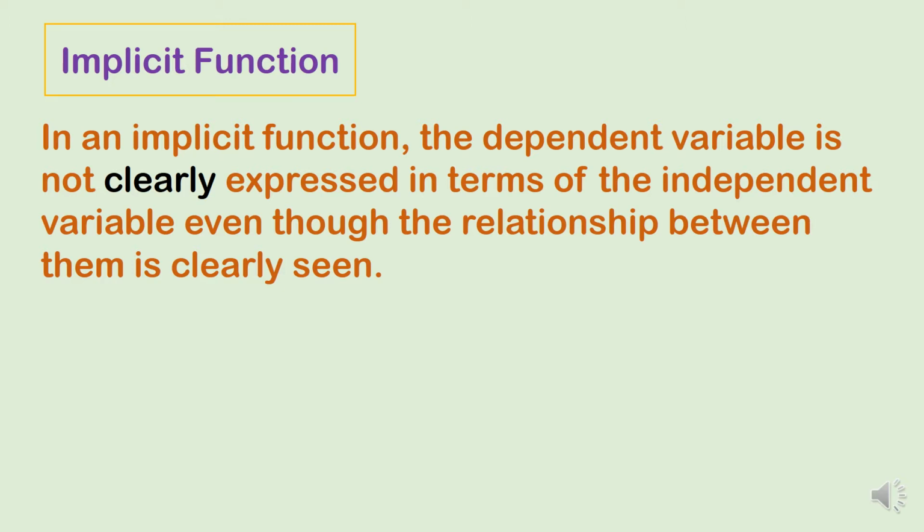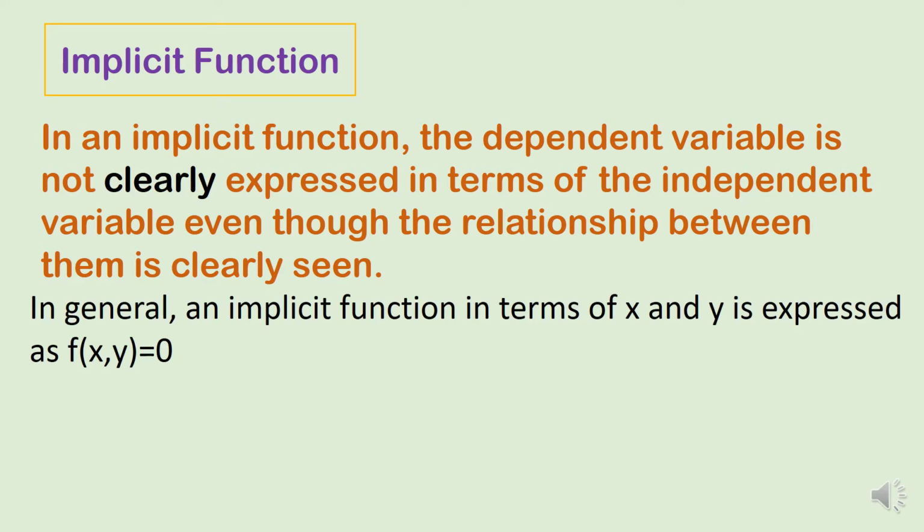In general, we write an implicit function as f(x, y) is equal to 0. We take all the terms on one side so that on the other side we get 0. For example, look at this function x raised to m plus y raised to n is equal to (x plus y) the whole raised to m plus n.